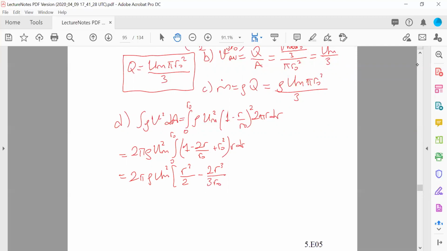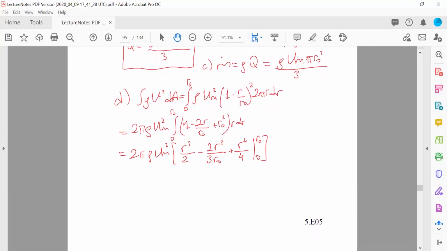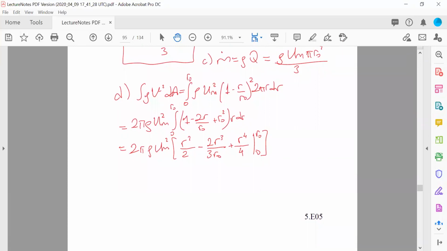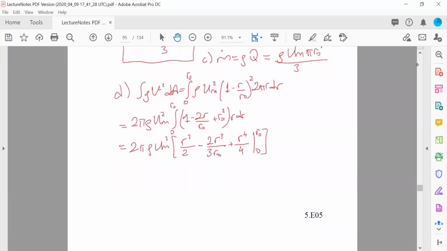The third term is r cubed dr over r0 squared, and the integral of it is r to the power 4 over 4 r0 squared. Integral boundaries from 0 to r0. Applying the lower boundary will result in 0, no need to apply it.